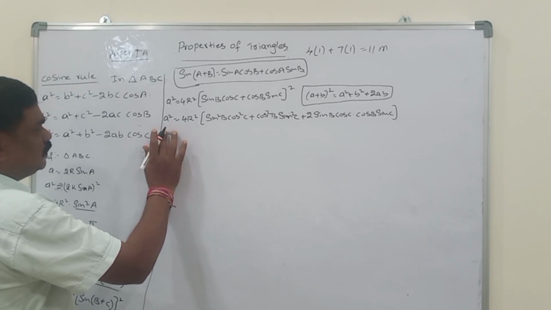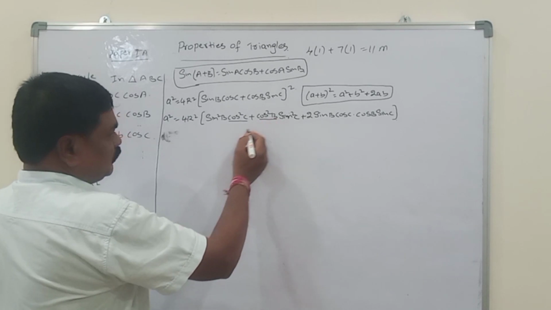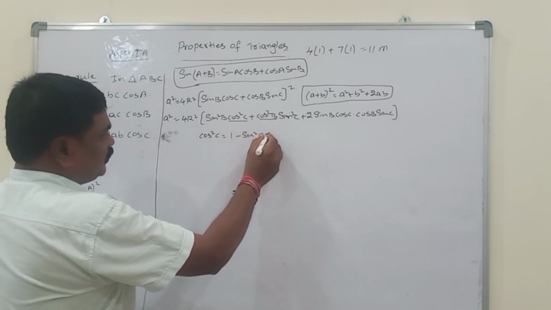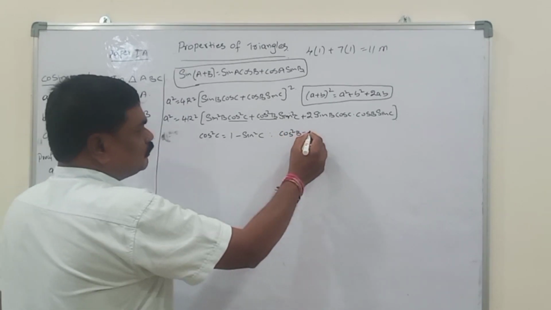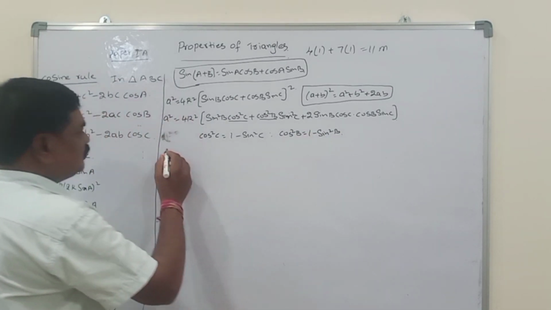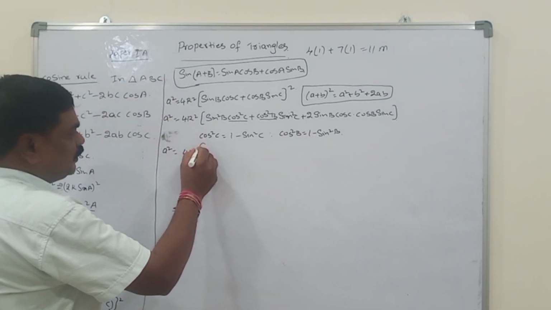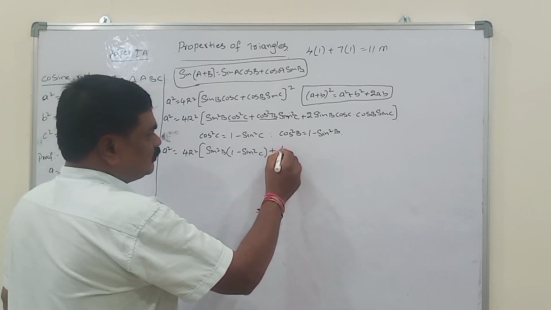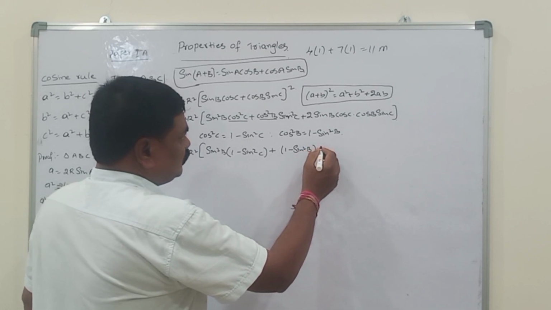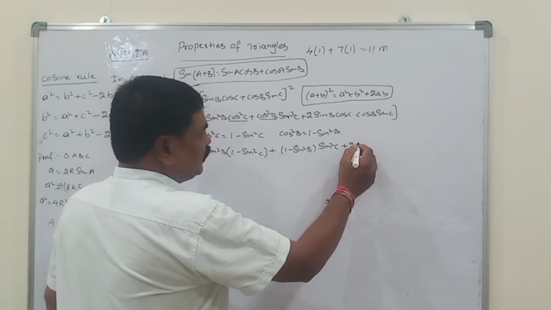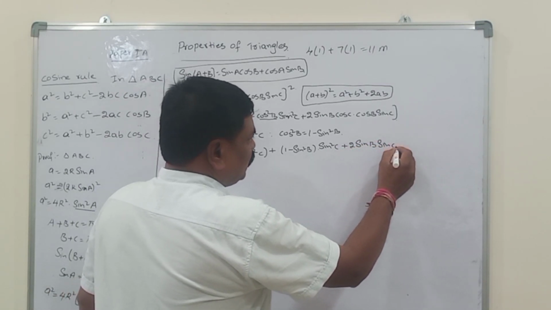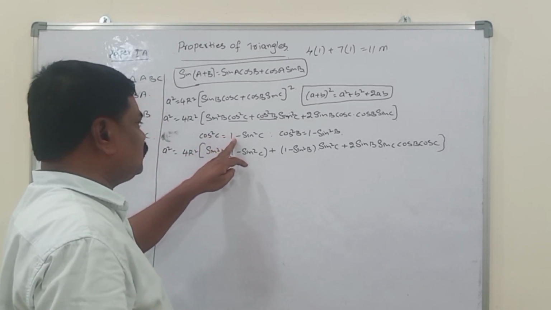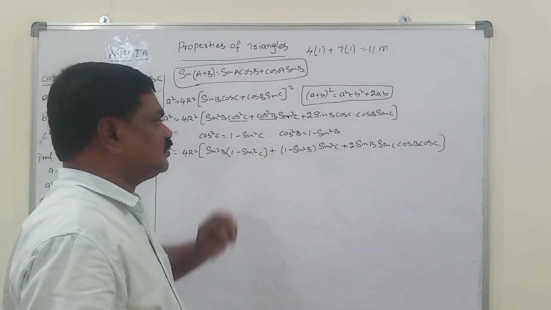We know that cos square C is equal to 1 minus sin square C, and cos square B is equal to 1 minus sin square B. By using this, a square is equal to 4R square into sin square B into 1 minus sin square C plus 1 minus sin square B into sin square C, plus 2 into sin B sin C cos B cos C. Why?